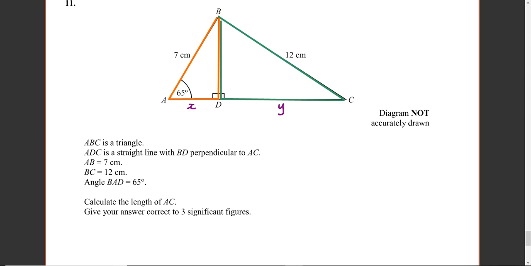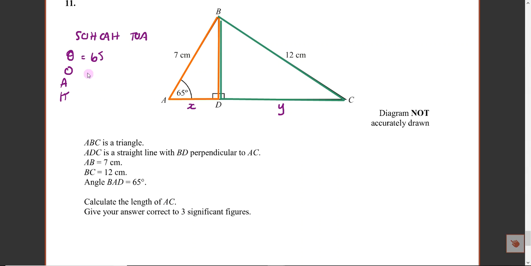Right, so, this question. First off, we decided that we have two triangles. We know we've got to find this length, but we have to do it in two parts. The first step would be to find x, because if I ignore the green triangle, I can do our SOHCAHTOA: theta, opposite, adjacent, hypotenuse.